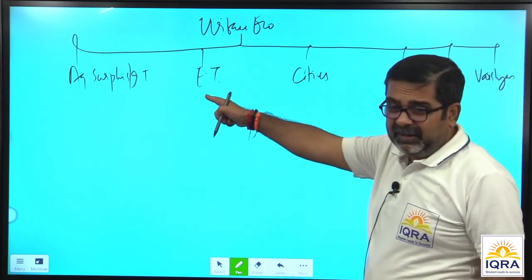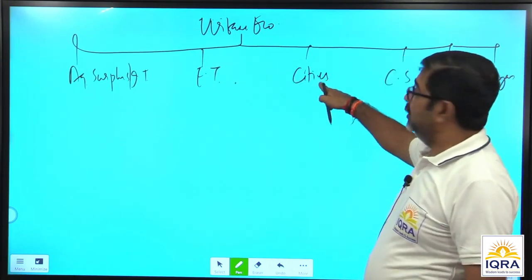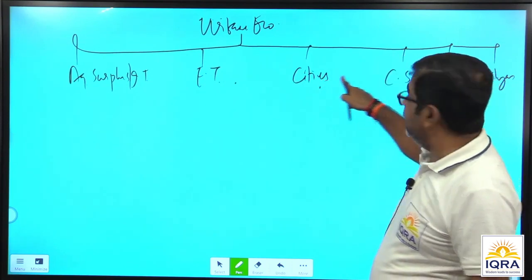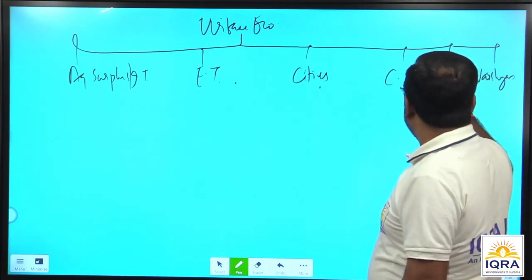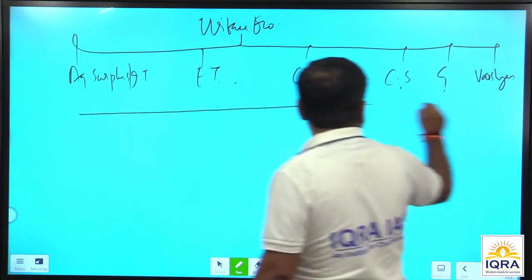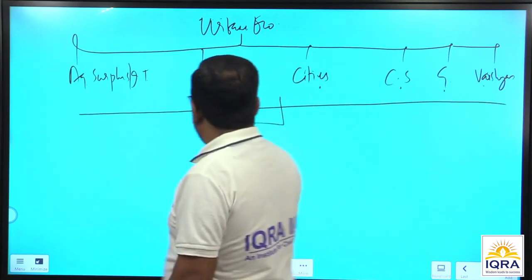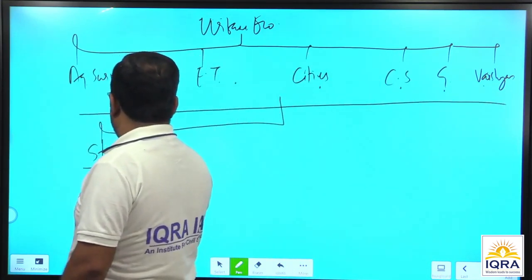All these 6 features start from Buddha period.